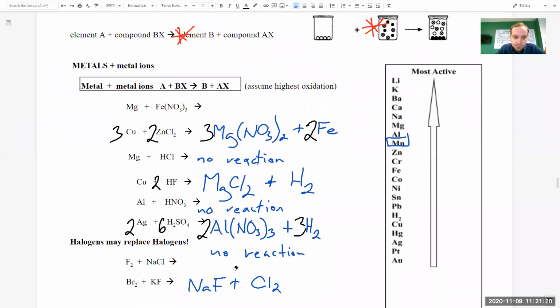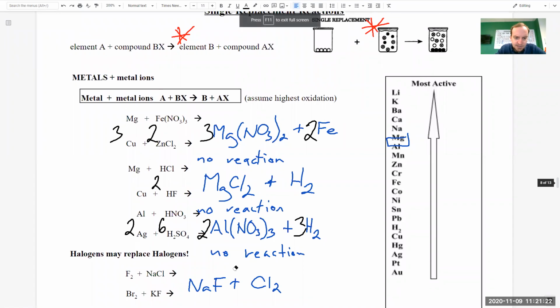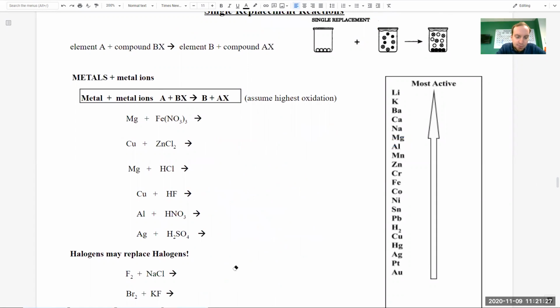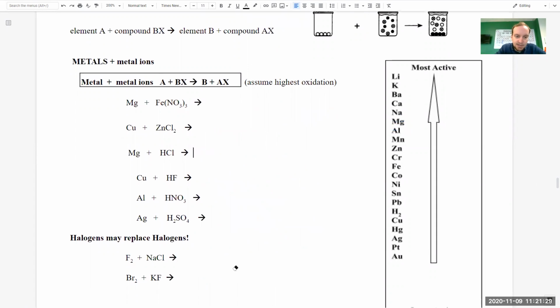Another example, Br2 plus KF. Br2, of course, because again, it is a diatomic element. We're going to move the potassium over there. So what we get is potassium bromide plus fluorine.